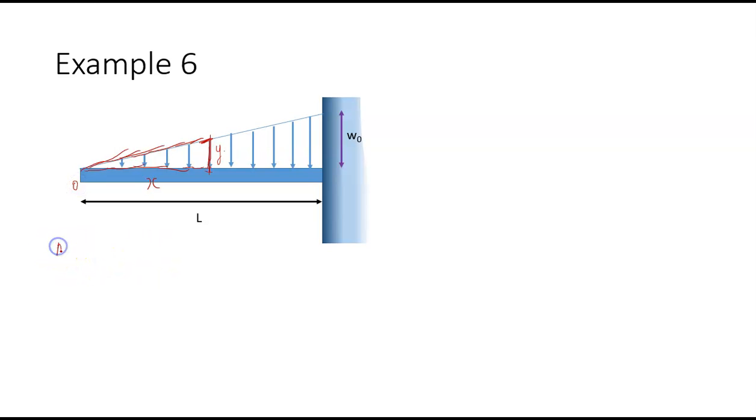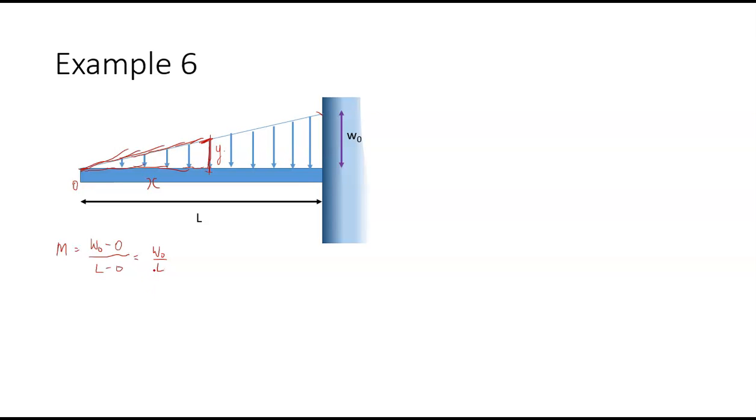The slope of this line is the change in y. Well, y goes from 0 here to w naught. So it's w naught minus 0 all over the change in x. Well, x here is L minus 0, which is equal to w naught over L. So that's the slope of that line.